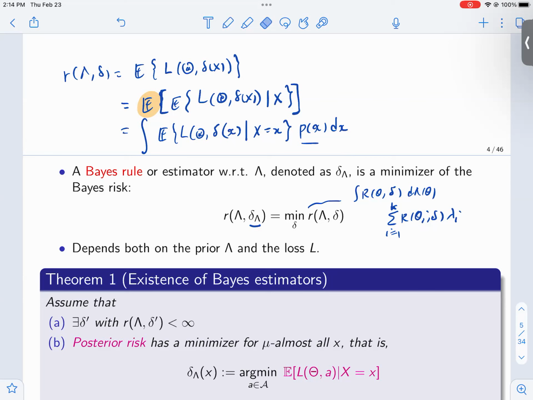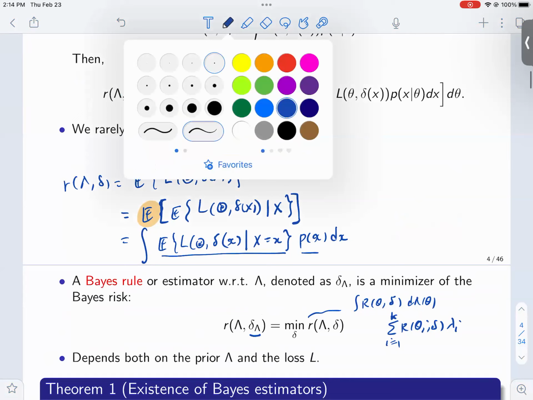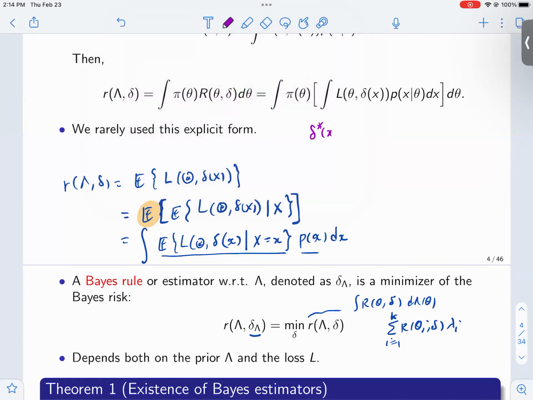If you think a little bit about this, you'd see that if I minimize this for every x, where the decision delta x is different for every x, then I'm going to minimize the overall thing. So my problem reduces to figuring out, for every x, what minimizes this conditional expectation. The Bayes rule is exactly what minimizes this. So the Bayes rule is going to be the arg min over D of the expectation of L theta and D conditional on x.